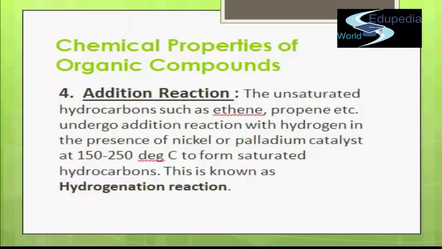And since hydrogen is added to alkenes, this is a reduction reaction, and this reaction is also known as hydrogenation reaction. Hydrogenation is commonly used in the hydrogenation of vegetable oils to produce vegetable ghee.